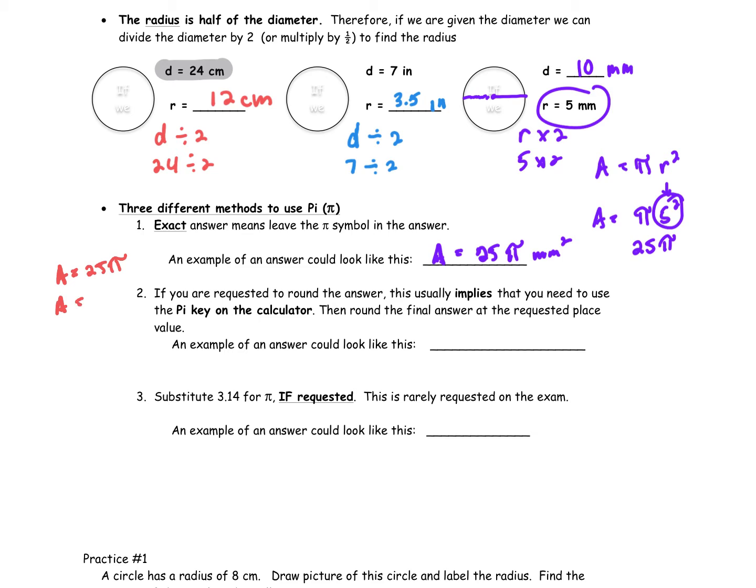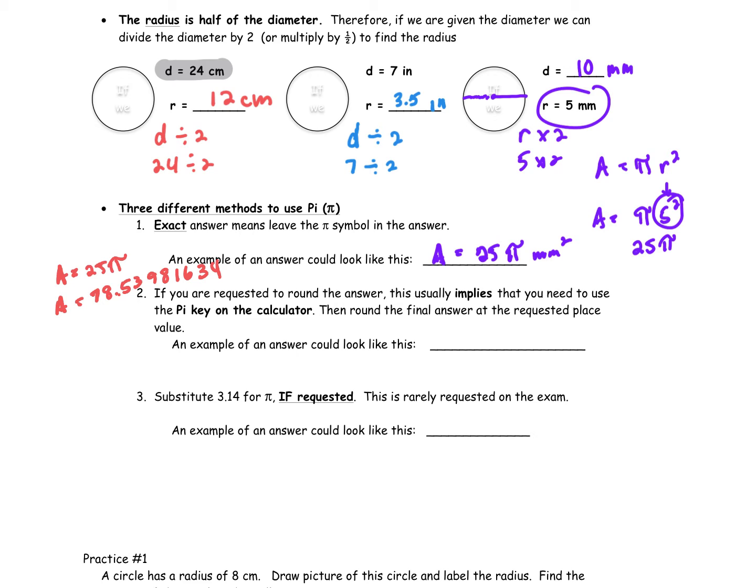I would press 25 times pi, and then the answer that I'm getting on the calculator is 78.53981634. Now, that's not necessarily a very usable answer.